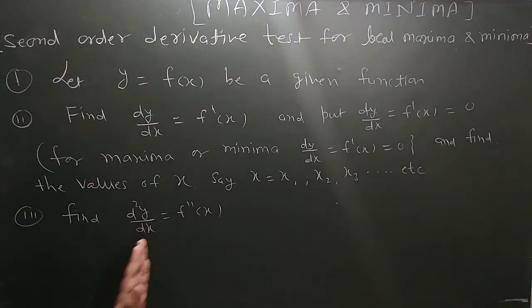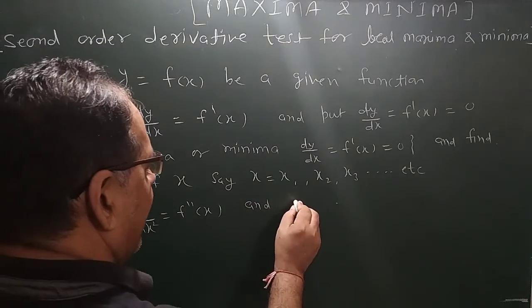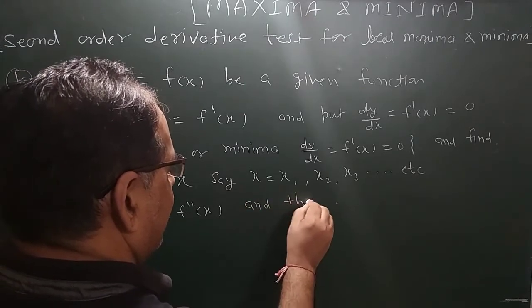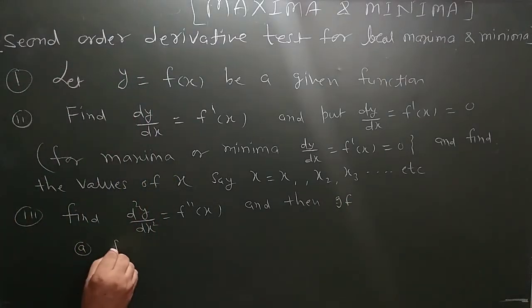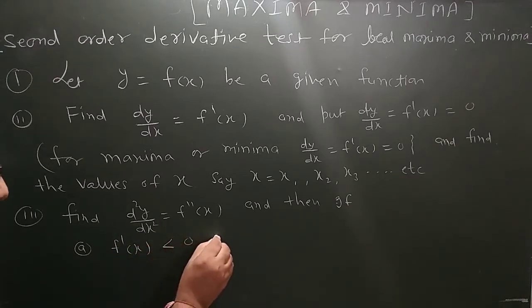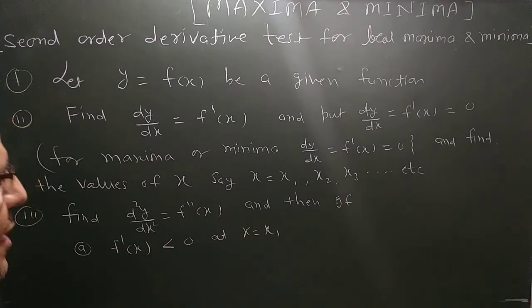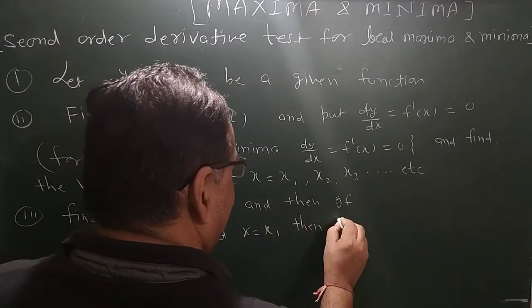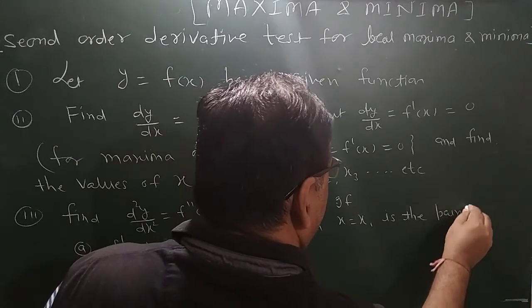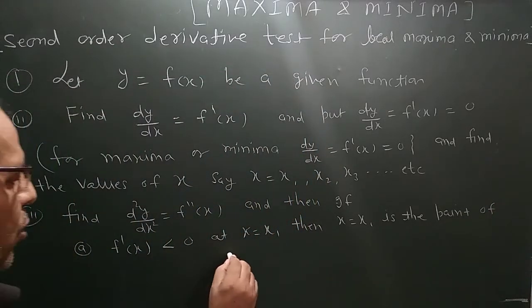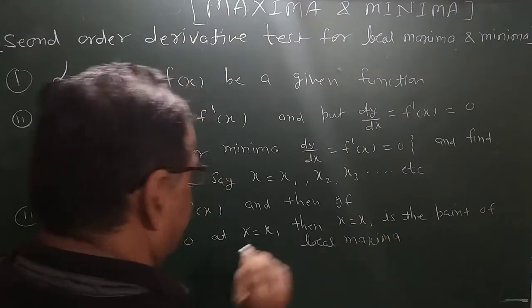Now we find d2y over dx square, f double dash x, and then, condition A: suppose that f double dash x is less than 0 at x equal to x1, then x equal to x1 is the point of local maxima.